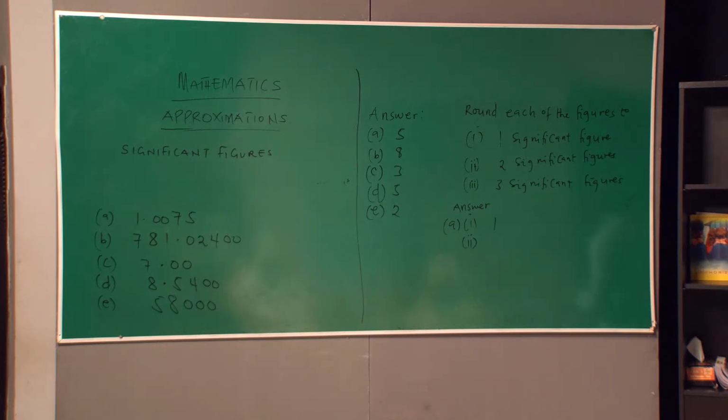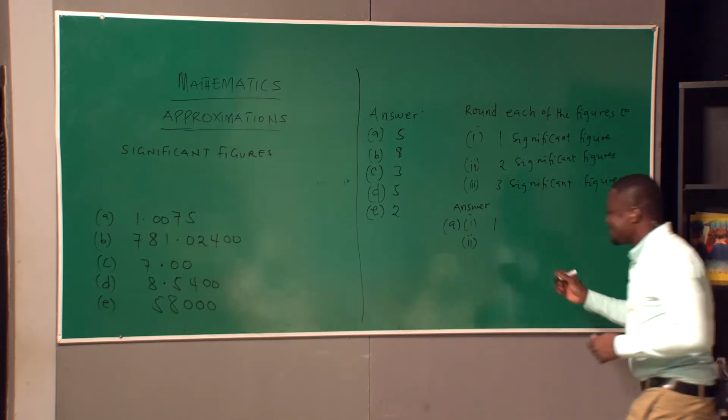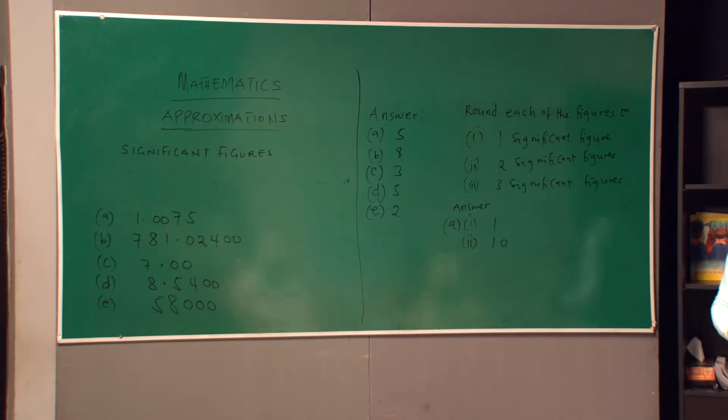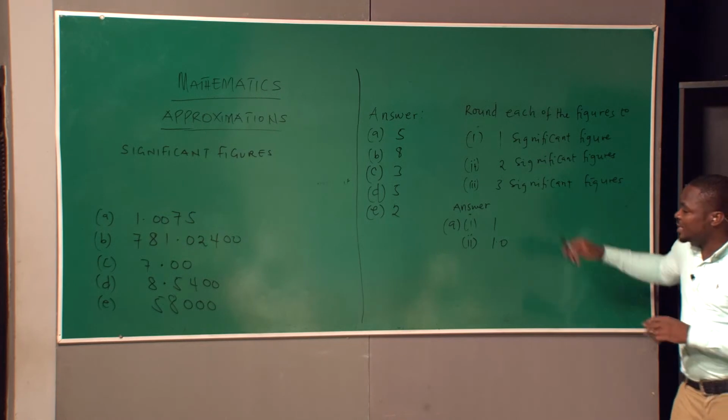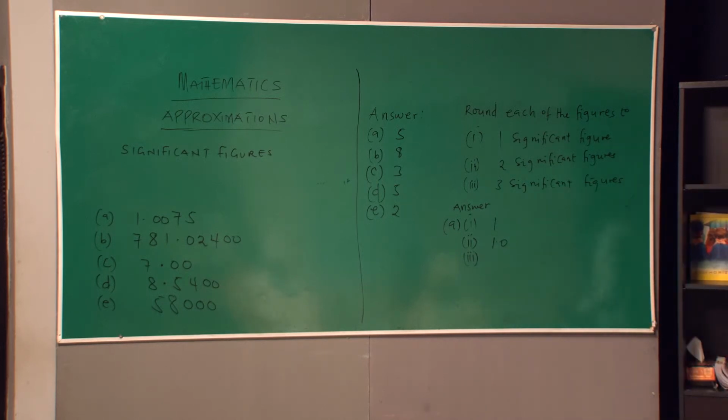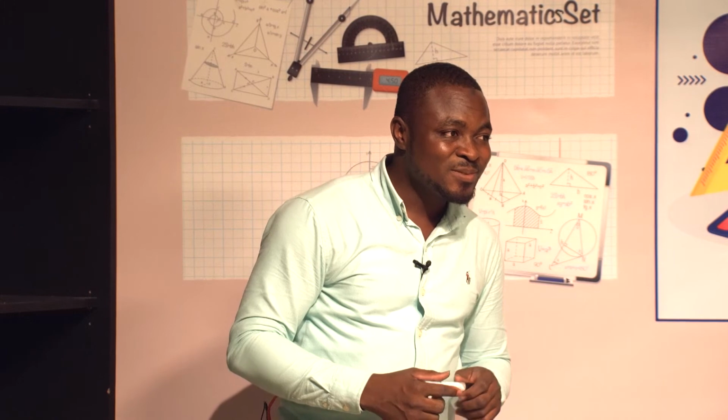Okay, so to 2. How do you do it? Two significant figures. Asifa? 1.0. Yes. 1 point what? 0. Two significant figures. Then it becomes 1.0. That is very good. Then Samira, 3 significant figures. To 3 significant figures, what do you get? 1.00.